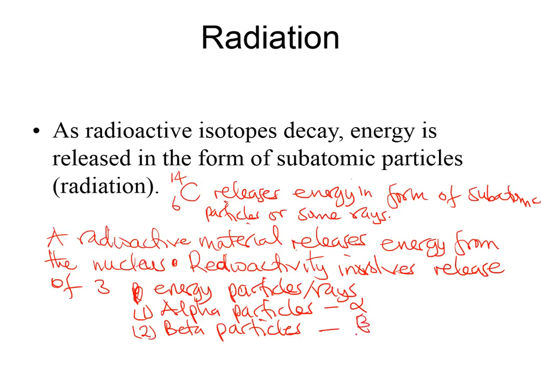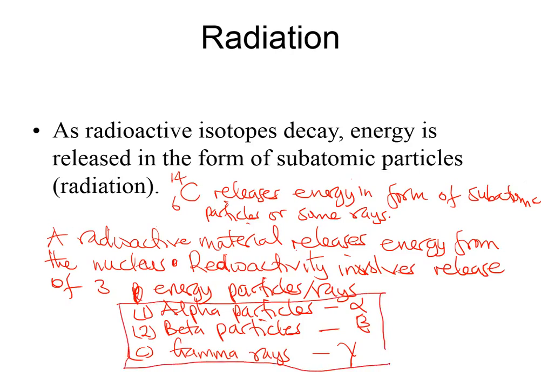A beta particle is given the symbol B. And the third radiation that is released by an atom is called gamma rays. The symbol for gamma is that kind of Y. So these are the 3 particles that a substance releases when it undergoes radiation. You need to write these down.